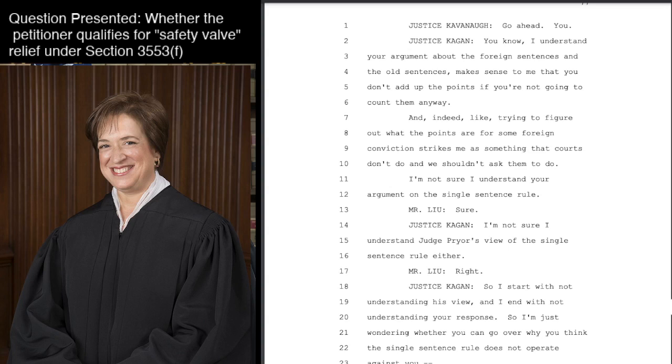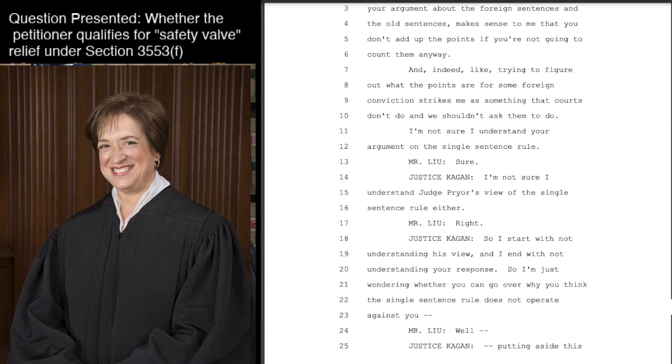I'm not sure I understand your argument on the single-sentence rule. Sure. I'm not sure I understand Judge Pryor's view of the single-sentence rule either. Right. So I start with not understanding his view, and I end with not understanding your response. So I'm just wondering whether you can go over why you think the single-sentence rule does not operate against you.